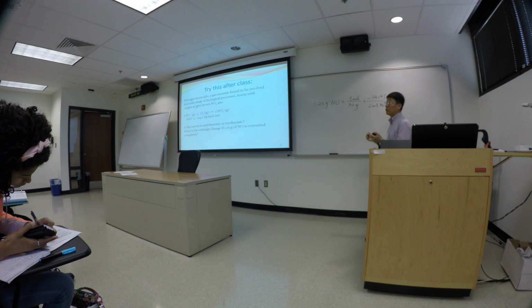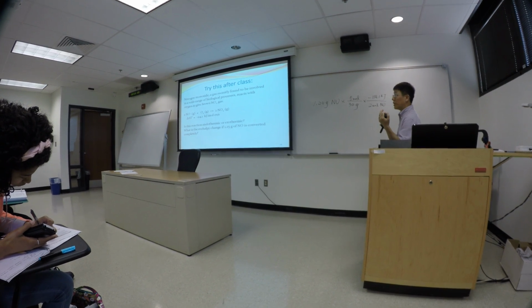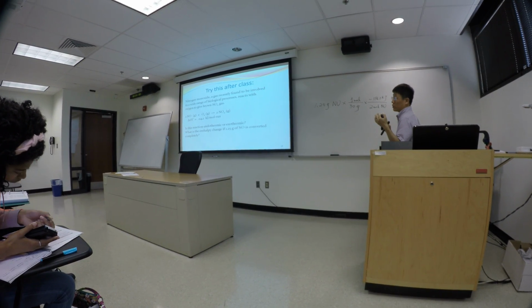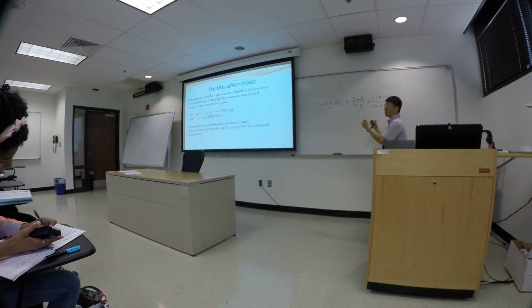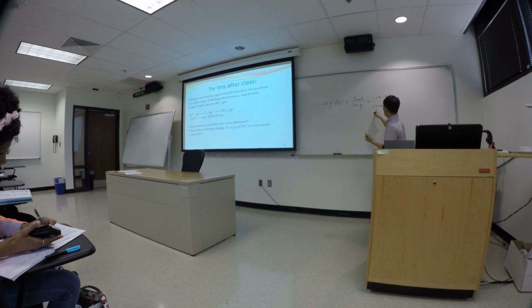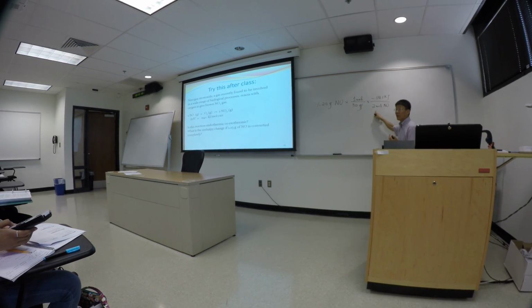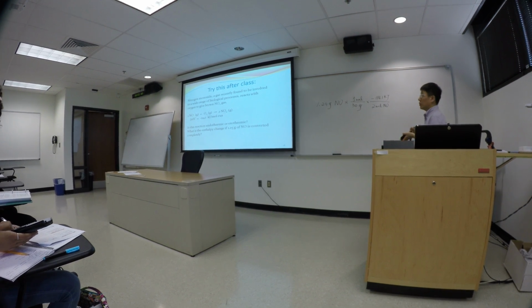In the balanced equation, we need 2 moles of NO and 1 mole of oxygen to generate 2 moles of NO2. The enthalpy change for the overall reaction is based on the balanced equation.